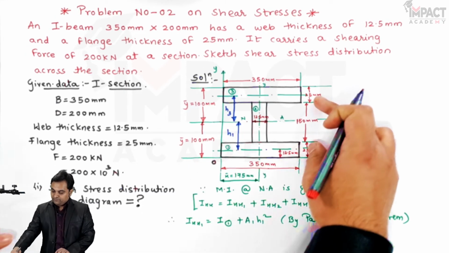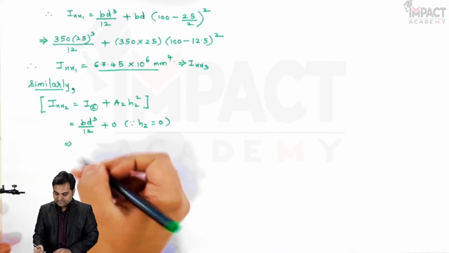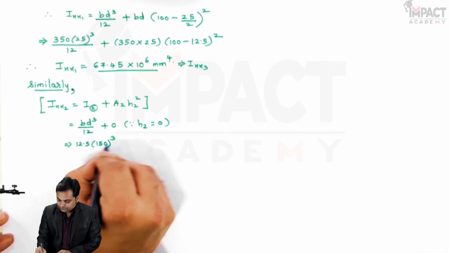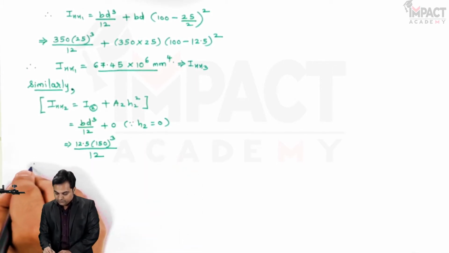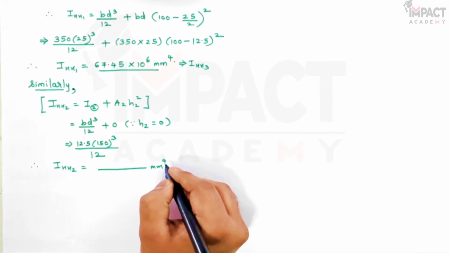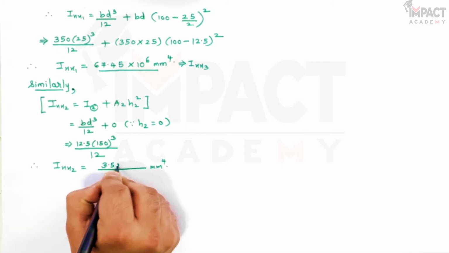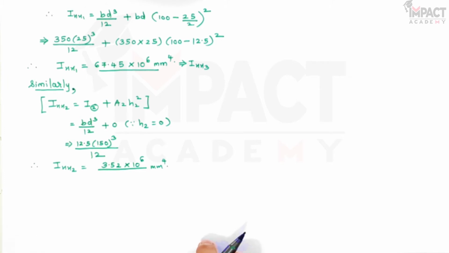So 12.5 into 150 cube, that is B into D cube, divided by 12. So Ixx2 comes out to be 3.52 into 10 raised to 6. Now once we know Ixx1, Ixx2 and Ixx3, we can put them in equation 1 to get the total Ixx.